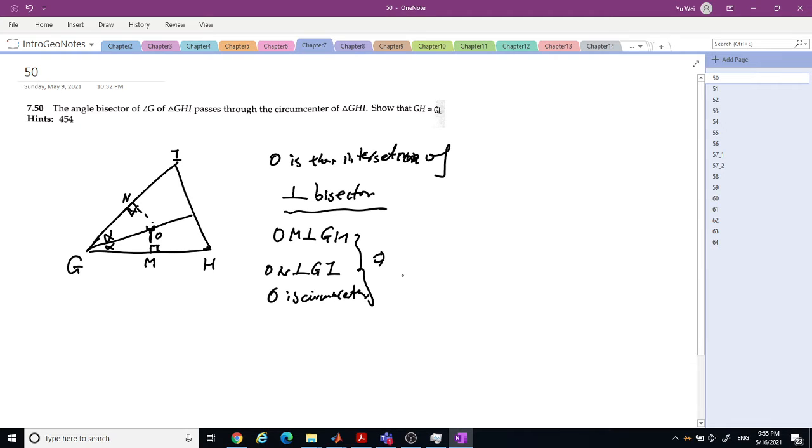So we know M and N are also midpoints, because OM and ON are the perpendicular bisectors.